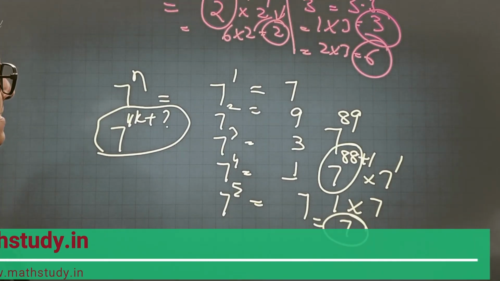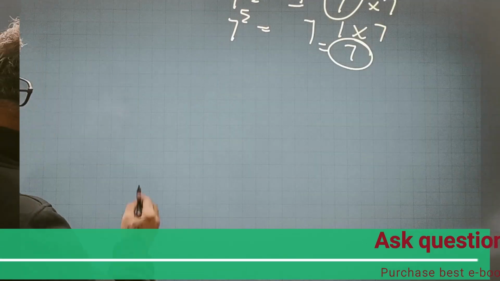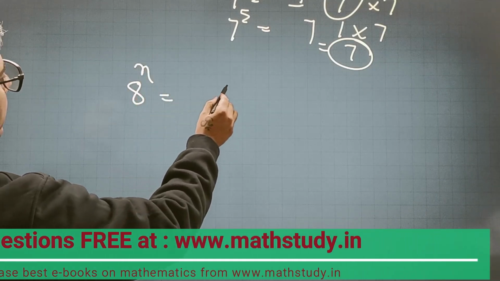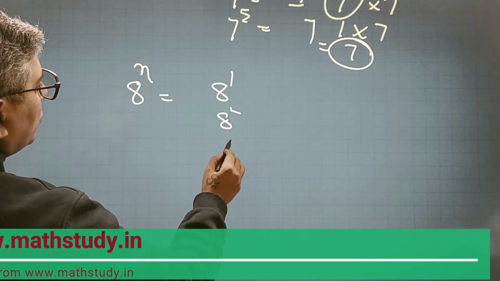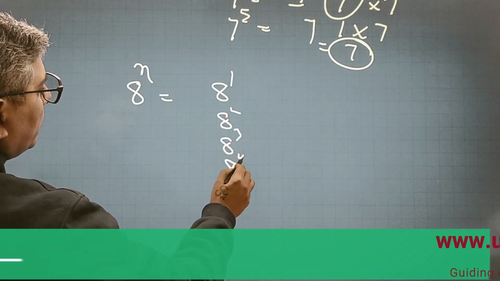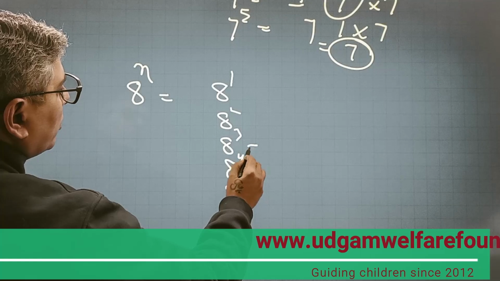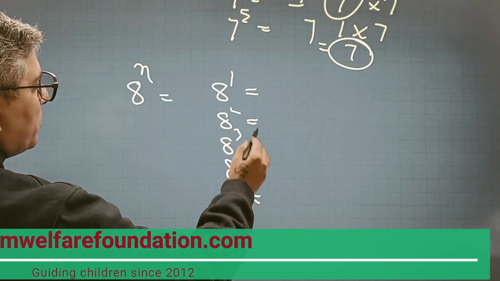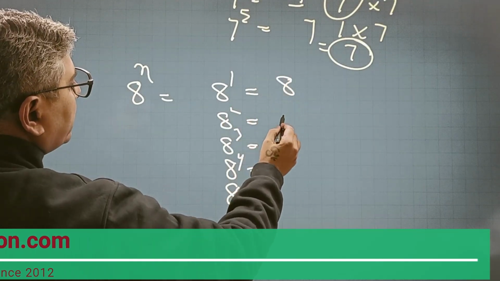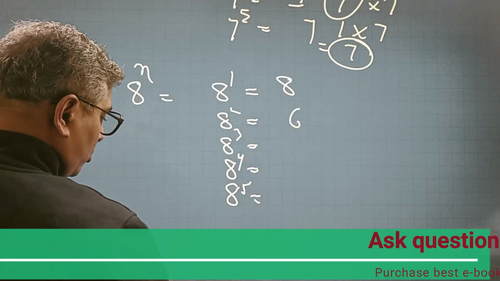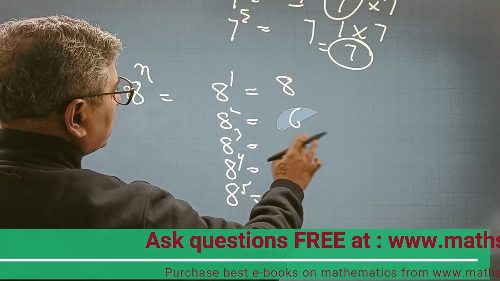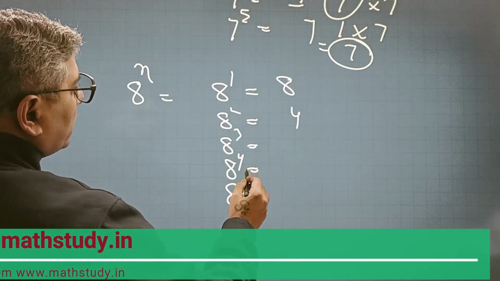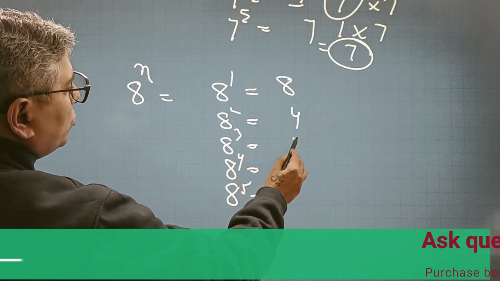Now let's move towards 8 raised to the power n. So let's understand the concept of 8 raised to the power n here. So 8 raised to the power 1, 8 raised to the power 2, 8 raised to the power 3, similarly 4 and 5. Let's understand what these numbers will give us after expansion. 8 raised to the power 1 is 8, 8 raised to the power 2 is 64, so 4 at the unit place. Then 8 raised to the power 3 will give you 2 here.